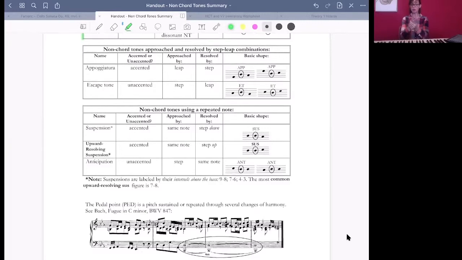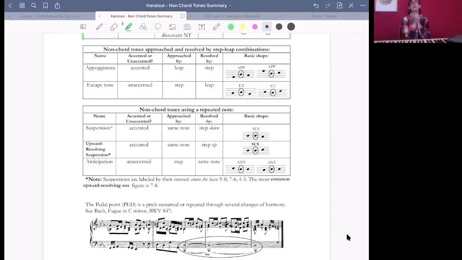The important thing also about appoggiaturas is they are accented. So the appoggiatura is going to be on the strong beat and we resolve on the weak beat. Appoggiaturas are these really beautiful non-chord tones that build a lot of tension, especially because they are on the strong beat. So here's our harmony. We leap to that non-chord tone.